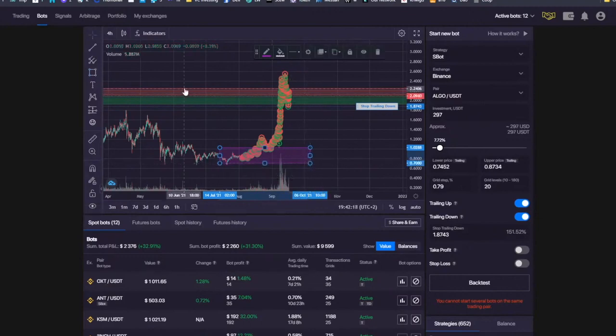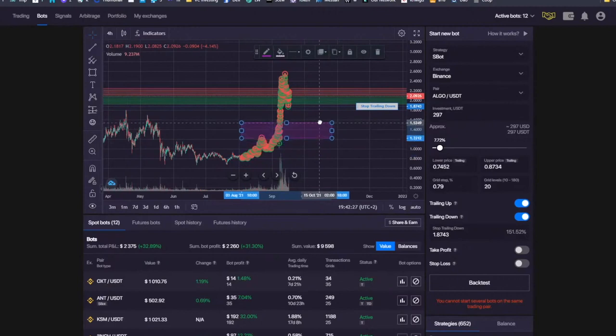Yeah, the same white as here, pretty much the same over here, and it's been following the rally since then, and now you see this trading range over here. So that's the huge benefit of the trading up, and that's something you can have on only a few platforms as far as I know, and Bitsgap is one of them, and it makes it that easy.